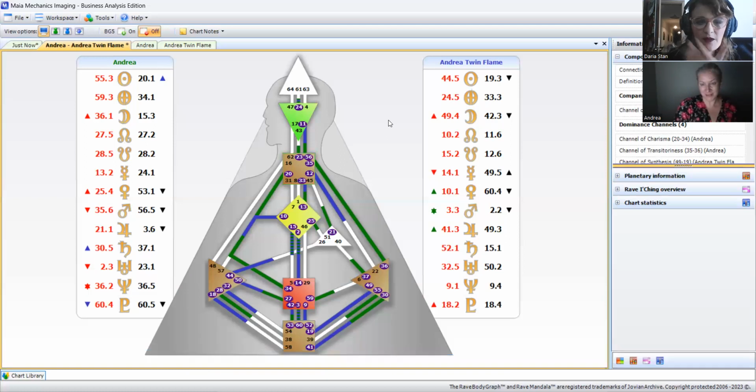Yeah, so if you have any questions, oh yeah, the channel that Jessica mentioned that most connections have is the 4426. In your case, he has the 44, but nobody has the 26. So the 44 will still be expressed. This is the gate of successful love. He might express it. And the 44 is willing to work for appreciation. So yeah, he might really like to be appreciated for the things that he does.